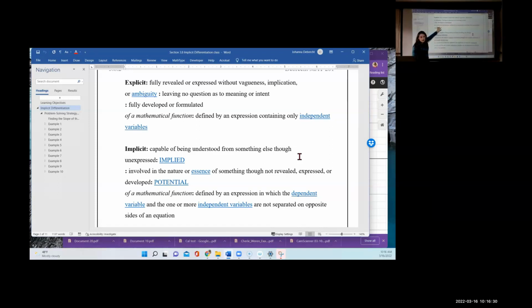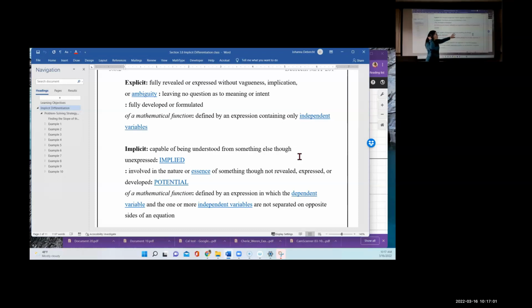In mathematics, explicit means you've defined an expression and it contains only the independent variable. So let me say that again. In mathematics, it means your expression has only the independent variable. For us, the independent variable is either x or t most of the time. So our expression has only x's in it or only t's in it. All right. What is implicit?